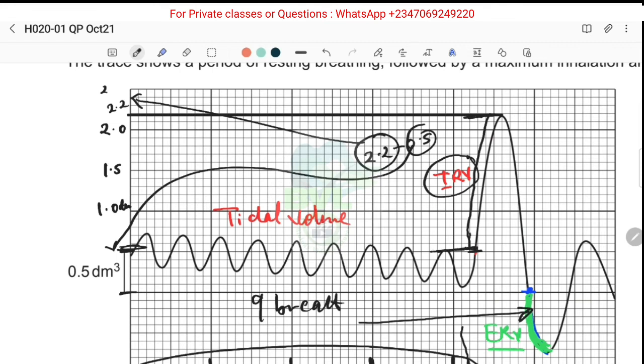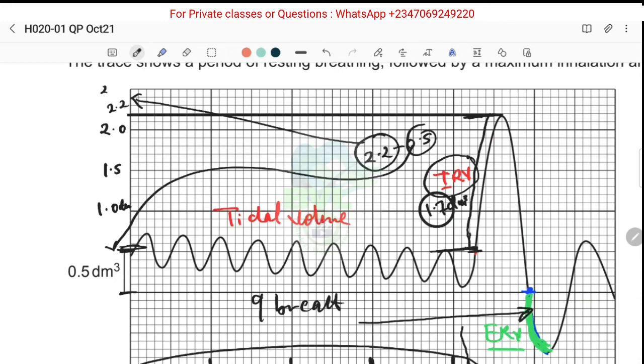If you do that, 2.2 minus 0.5 is 1.7. So the inspiratory reserve volume is 1.7 dm cube.